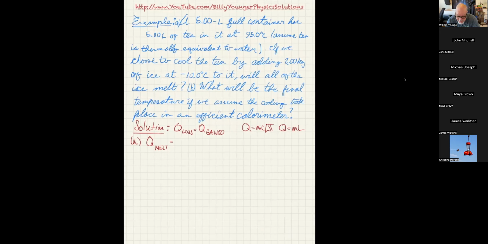So first off, I'm going to bring the ice up to 0 degrees Celsius. So I'm going to take the ice, which is 2 kilograms, and actually, I'm going to convert that to grams. That way I can use calories. I like that.